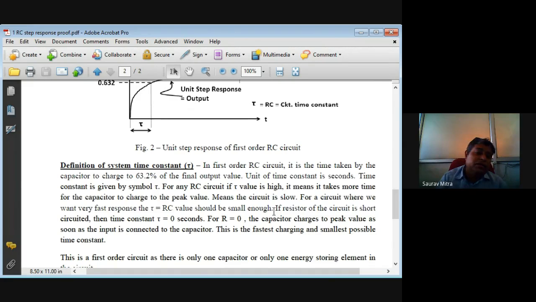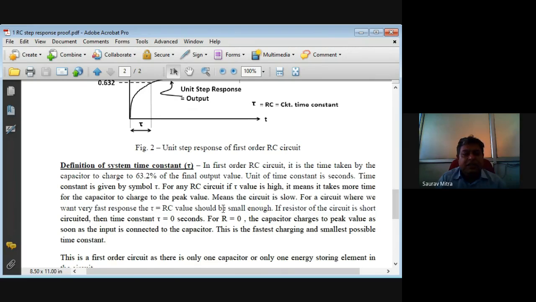So you keep on reducing the value of C and the value of R. In that case, the tau value will be very small, and the system will reach the peak value very fast. So fastness and time constant are inversely proportional. A very fast system means the tau value is low, and a big tau value means the system is slow.